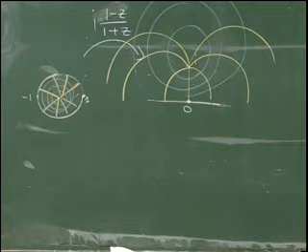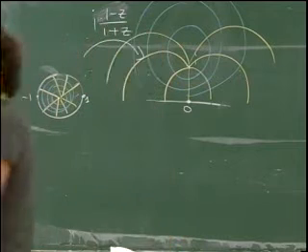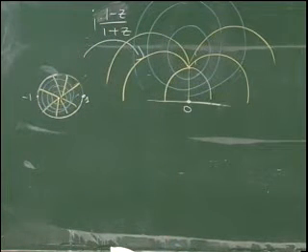How do you map this domain, this slit domain, to this one? We will need that. OK, so first I square.